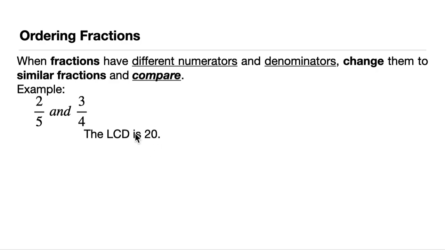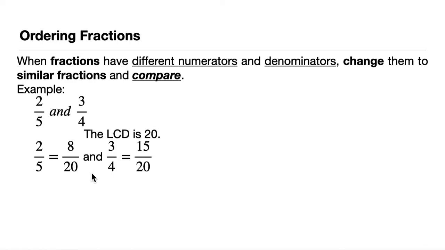For 2 over 5, 20 divided by 5 is 4, and 4 times 2 is going to give us 8. And here, 20 divided by 4 is 5, and 5 times 3 is 15. So that's why we have it here.